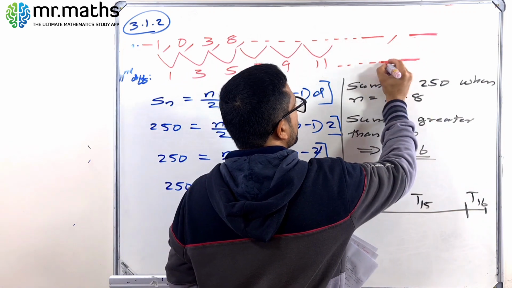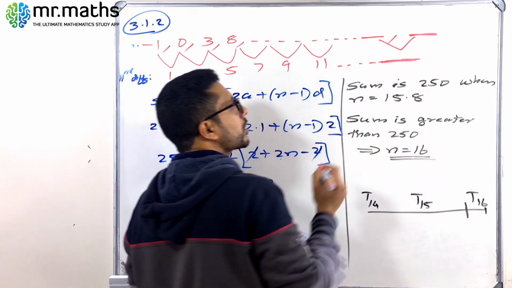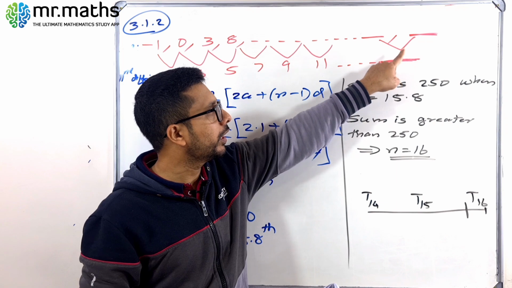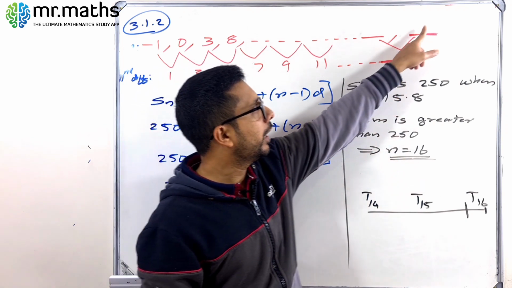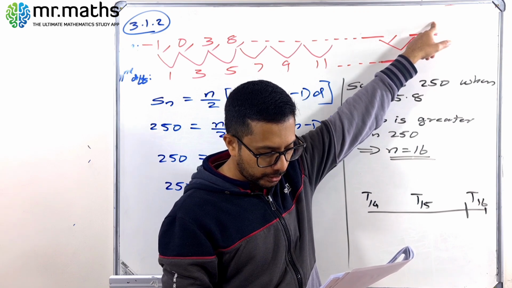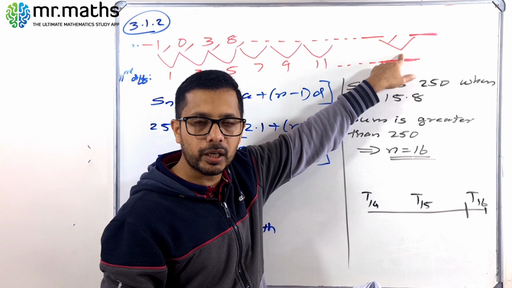When you subtract these two terms, you are supposed to get this term, and we know that this is the 16th term. So which term is the position of the first term in the quadratic number pattern that gives a sum greater than 250?